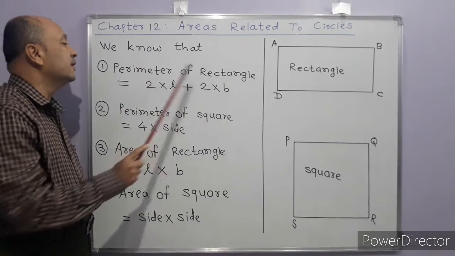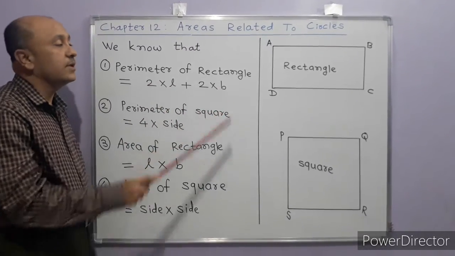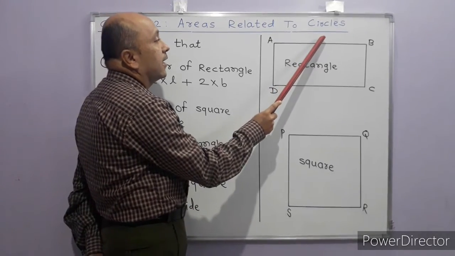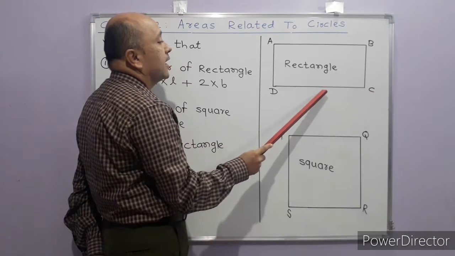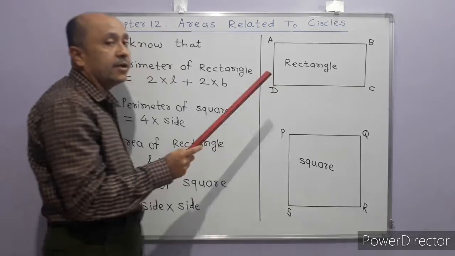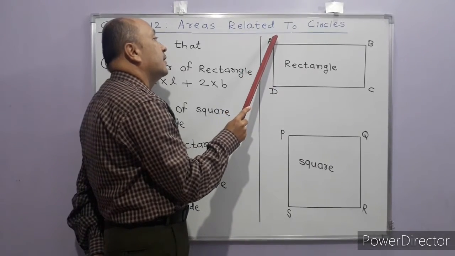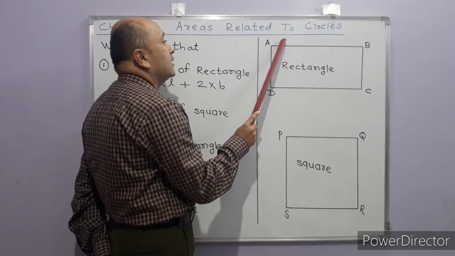Perimeter of rectangle is equal to 2 multiplied by L plus 2 multiplied by B. Or one can write it like this: perimeter means addition of all sides, that is L plus B plus L plus B. So what is, in short, perimeter? A person is standing at A and he wants to go around this rectangle, so he will travel like this.